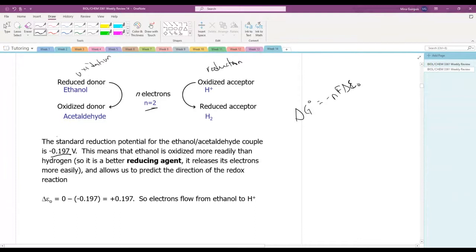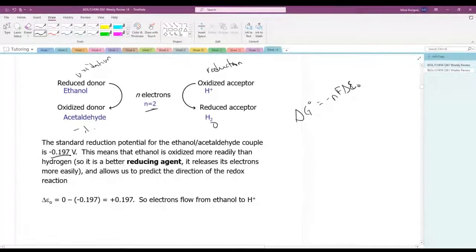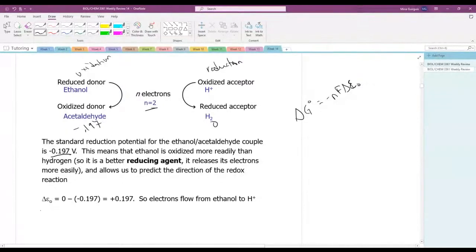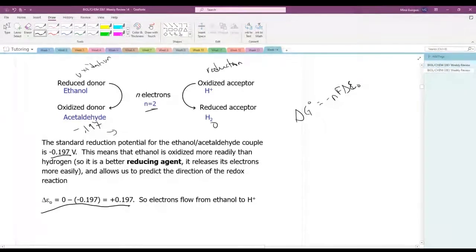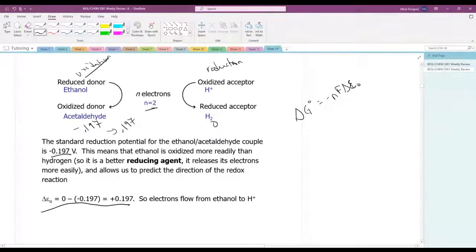And then, hang on, this is 0, this is negative 0.197. The way that they do it down here to figure out the epsilon naught or delta epsilon naught is they say acceptor minus donor to get to this number. The way that I do it is flip the more negative number, make this now 0.197, and we're doing this as an oxidation instead.